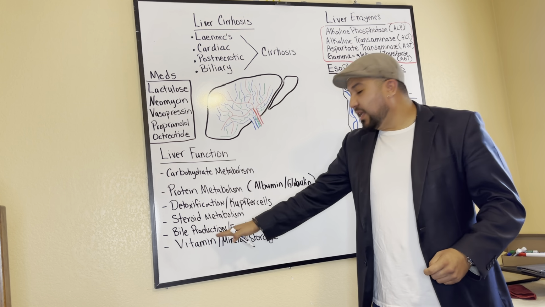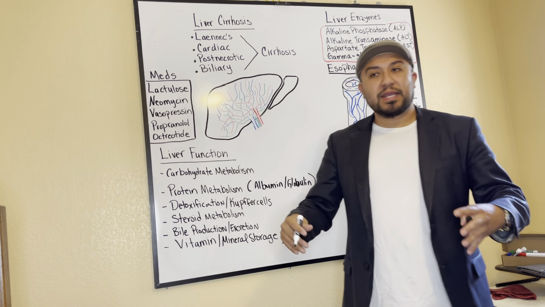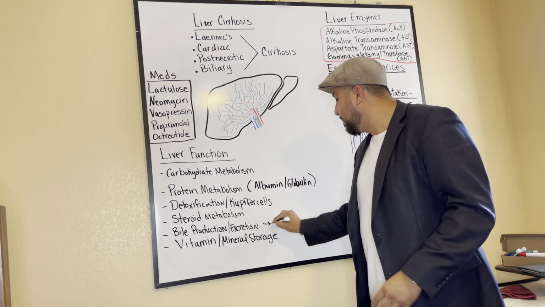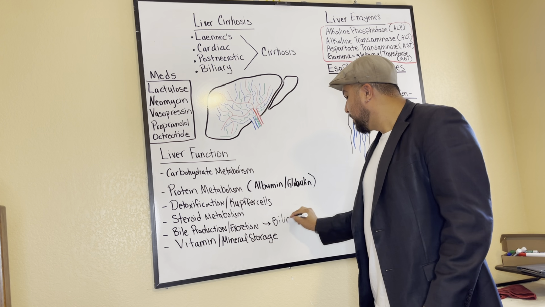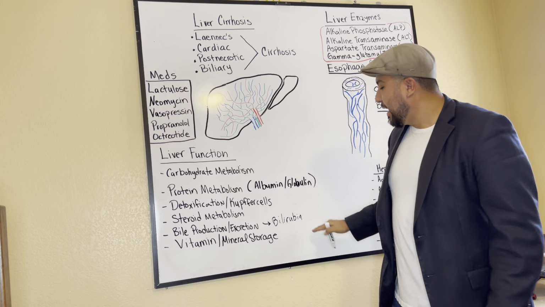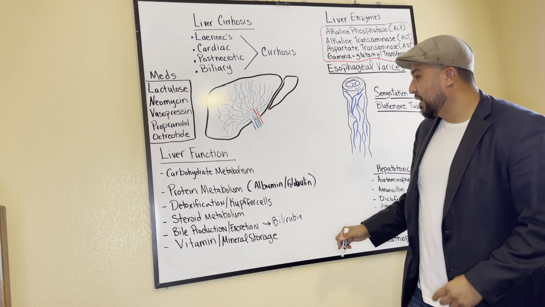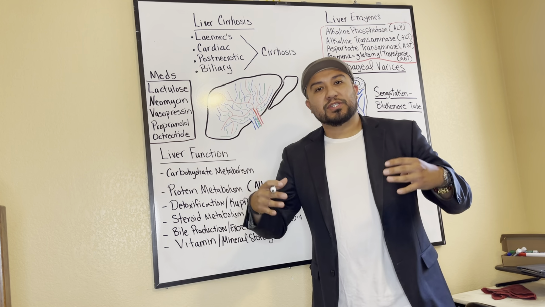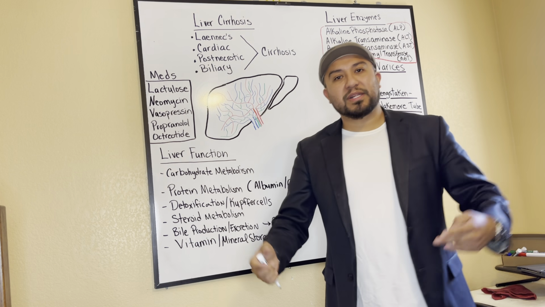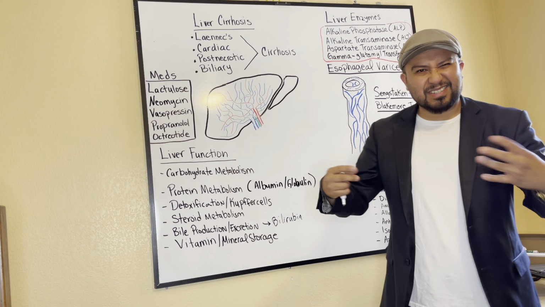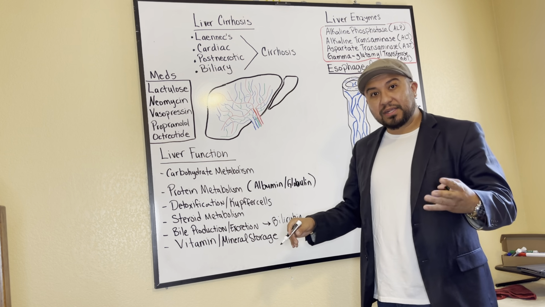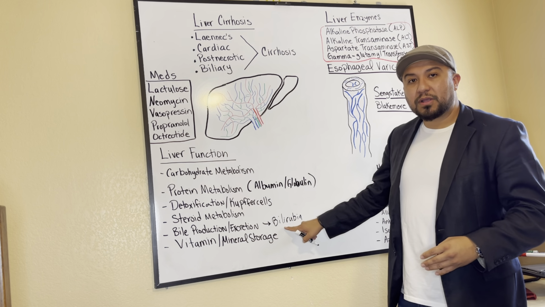Now, bile is very interesting because bile is where we excrete something called bilirubin. And bilirubin, as I forgot to mention real quick, when our Kupffer cells are breaking down the waste products, it's also breaking down worn out red blood cells, worn out white blood cells, etc. And the byproduct of RBC breakdown, of lysis, is the excretion of something called bilirubin.